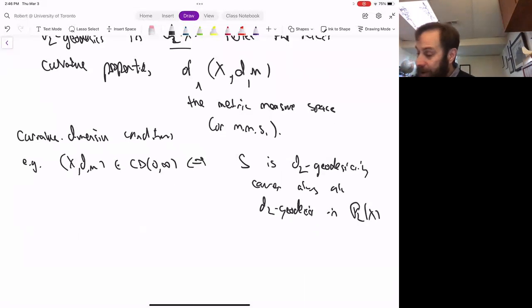So let me try to do better. So there's different, when you move from a Euclidean space to a manifold, there's actually different notions of convexity. So this is not quite correct.